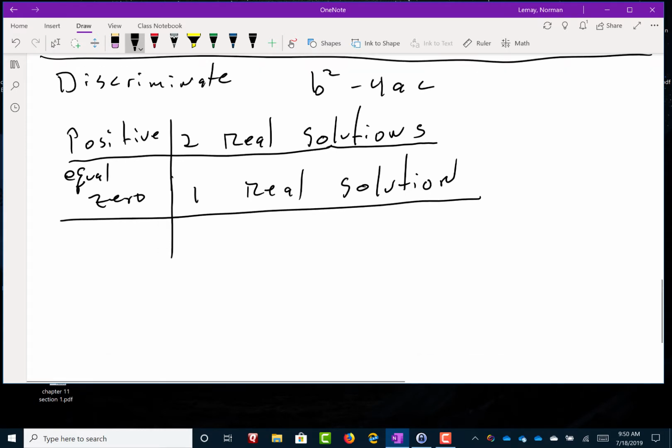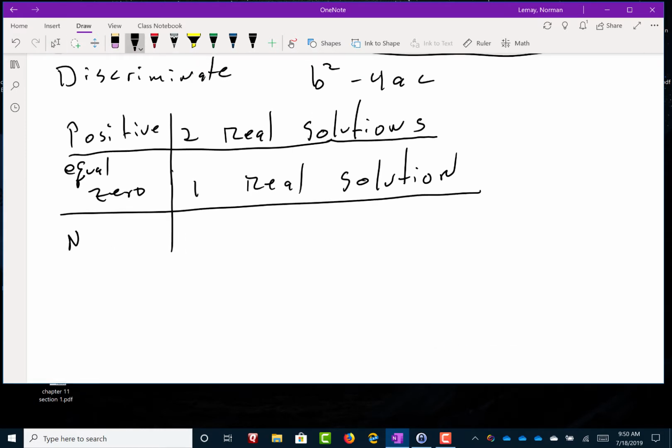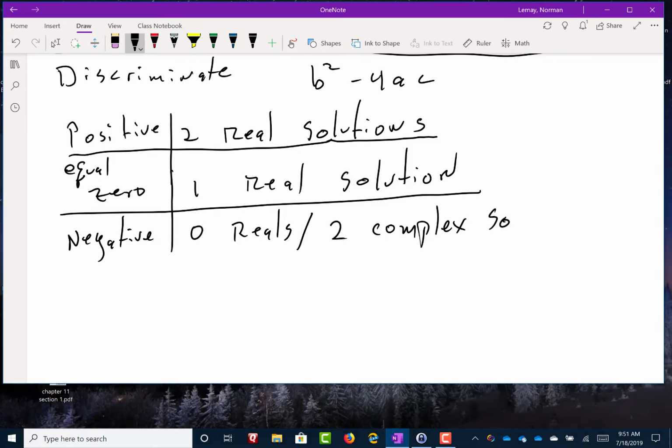And if our discriminant ends up being negative, well, we don't get any real solutions. So 0 real solutions, but we get 2 complex solutions. So the discriminant tells us how many and what type of solutions we get.